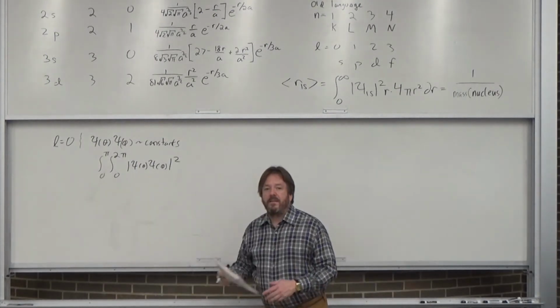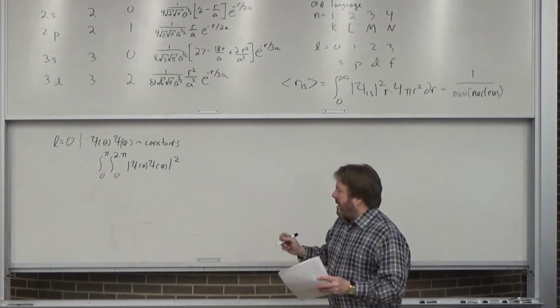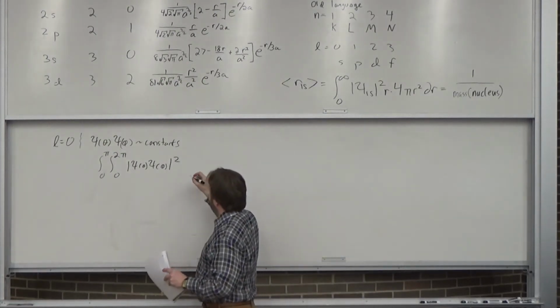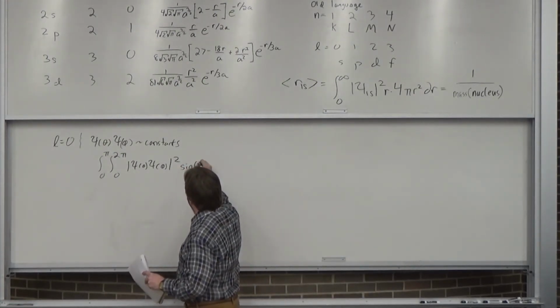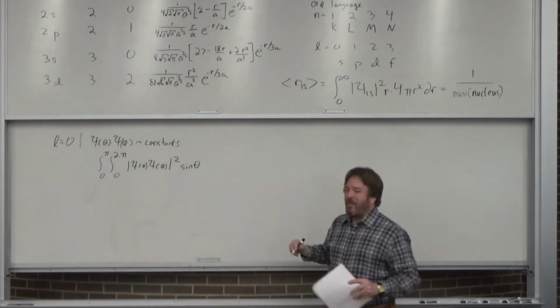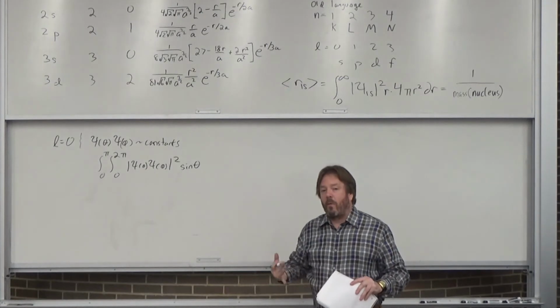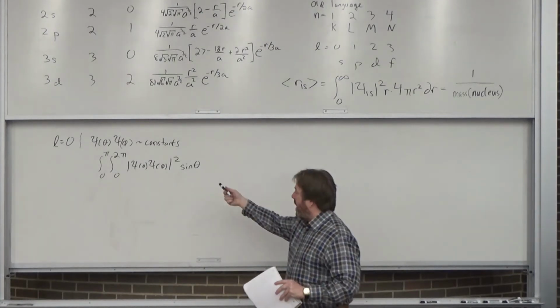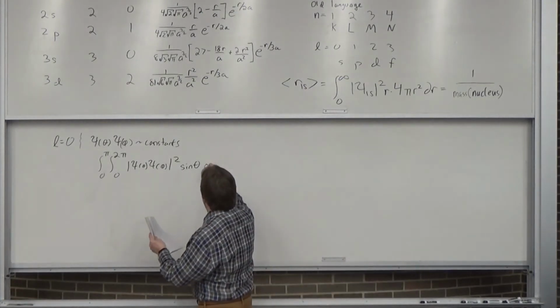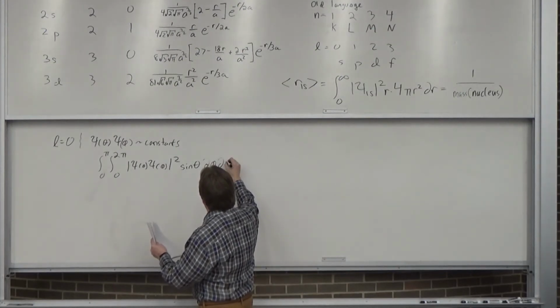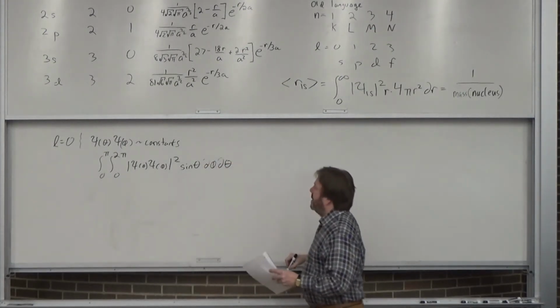So next bit, Jacobian. This thing has a Jacobian too. Remember, we're doing a volume integral in x, y, and z, except we transform to r, theta, and phi, and we have to pick up a Jacobian, and that's our angle part. Phi doesn't seem to do anything, but there you go.